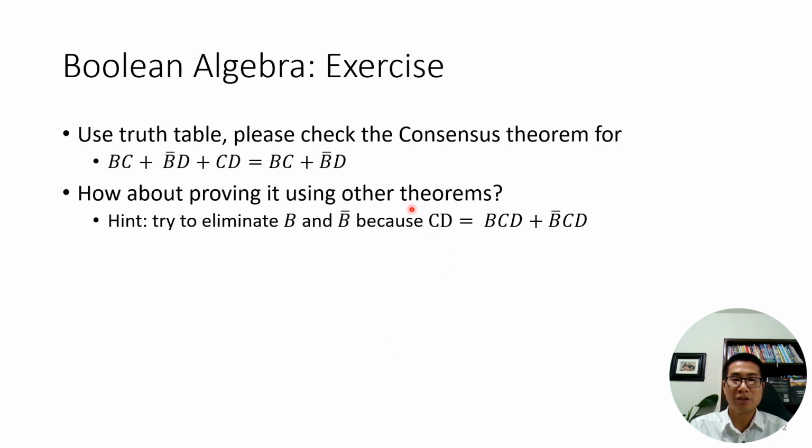This one we're going to combine. You'll see B and not B over here, with CD being the same. So you can eliminate the B out of BCD and also not B CD. It becomes CD. So you can just use this one and try to solve this exercise. Okay, and next time we'll give some more exercises in applying these theorems as well.